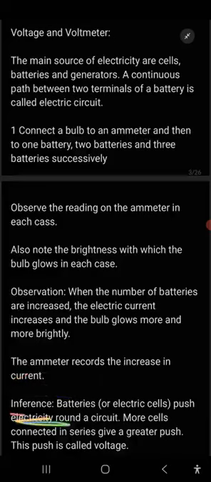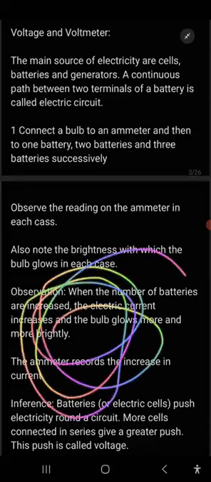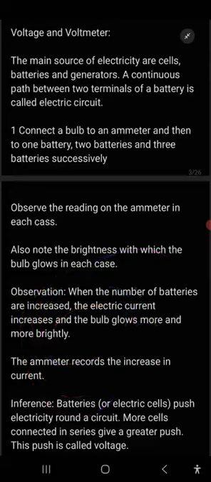Batteries or electric cells push electricity round the circuit. You know what a circuit is, right? You know how a circuit works, right? Wait, let me just show you the circuit.